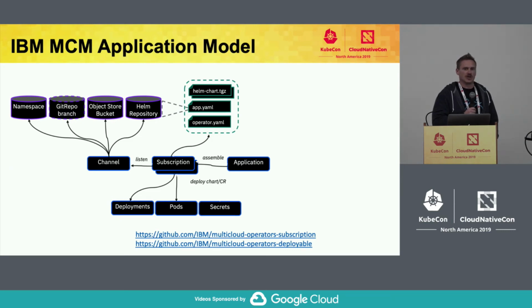Now, when there's updates, if you decided in your app model you want automatic updates, it would do a rolling update using the operator path and actually update your system, keeping it live and running, and getting the latest updates. Now, that's subscription-based, so you can control whether it happens or not. You can also control whether it's automatic, or it lets you know in the MCM that there's something to be done, and then you can trigger it to change.